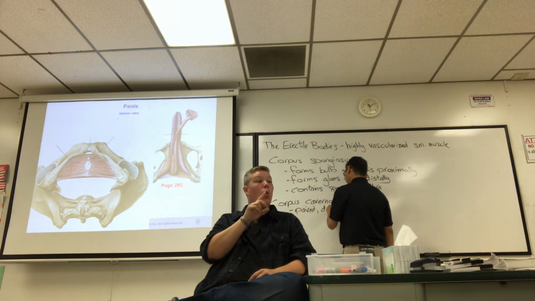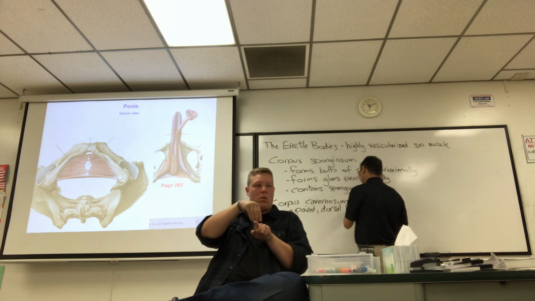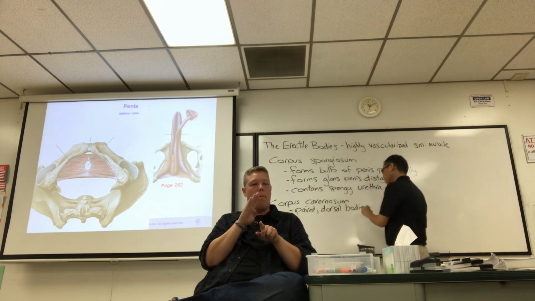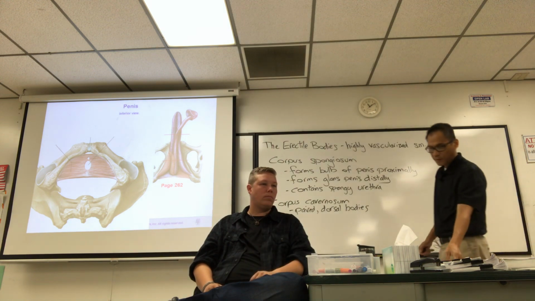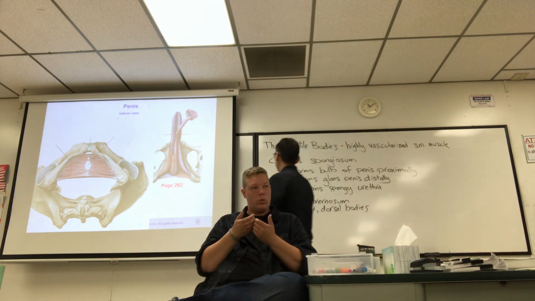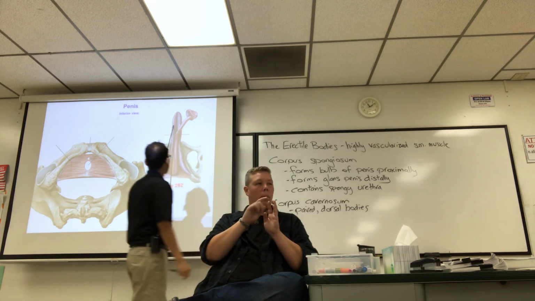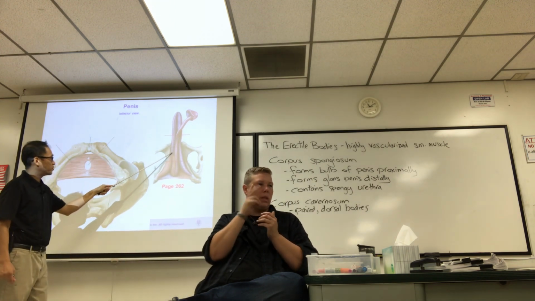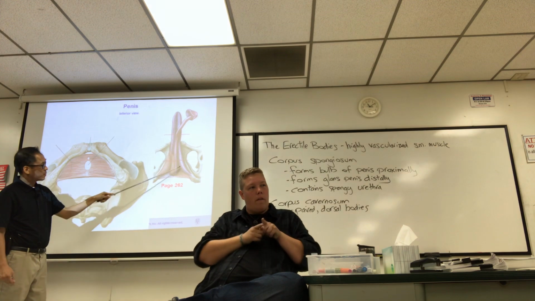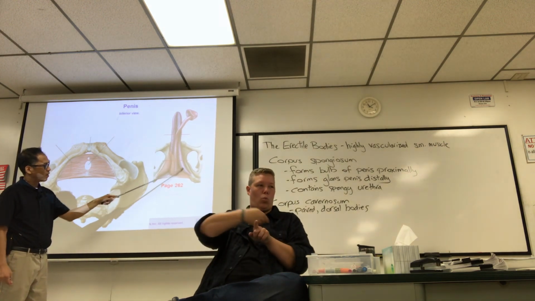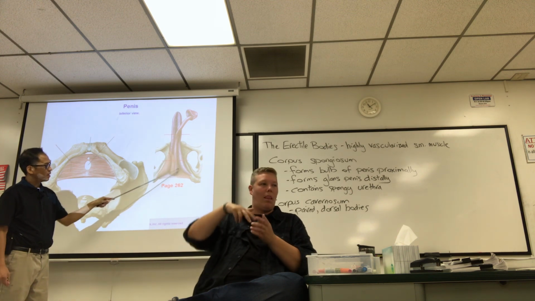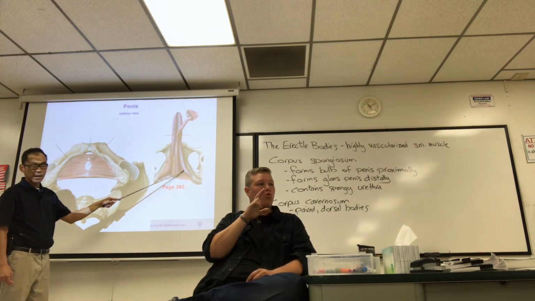Dorsal, meaning they're on top. When you separate out the corpus spongiosum, it's easy to see. They are paired, and they diverge as you get to the root of the penis here. Where it diverges, like little legs, these are called the crus of the penis, the part that's attached to the pelvis.